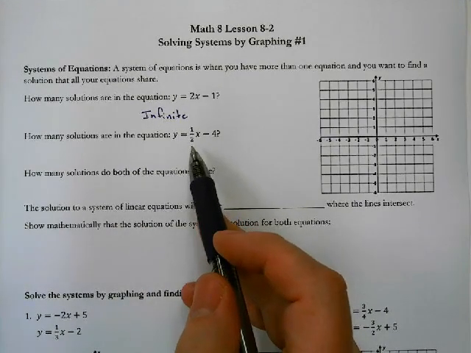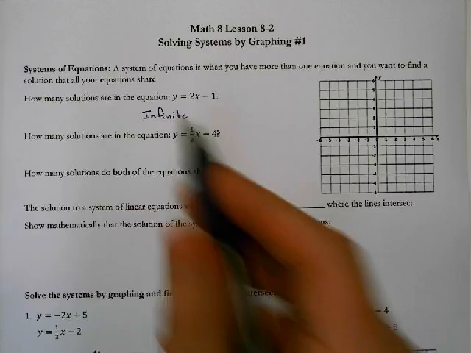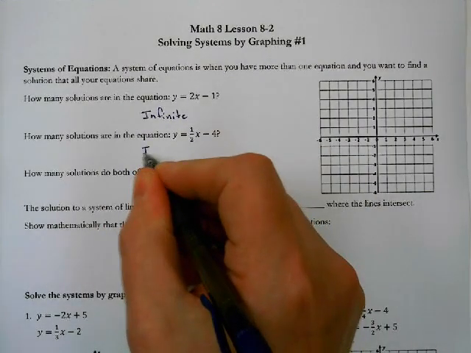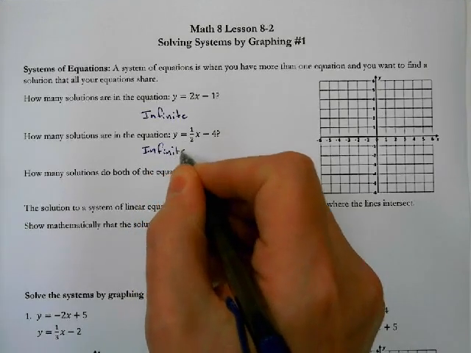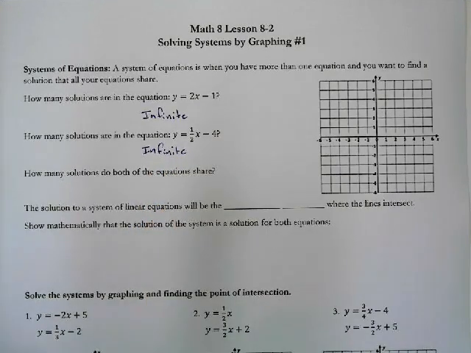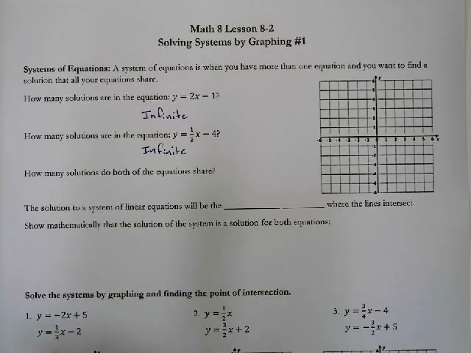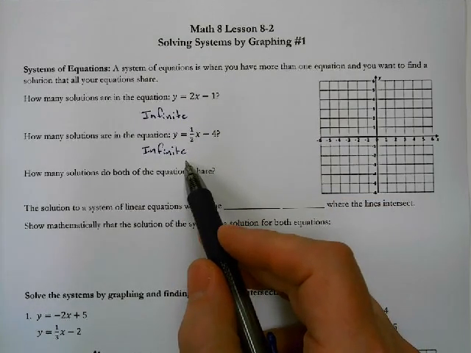I can keep on plugging in numbers for x and getting new numbers for y. I could do it until the rest of my days. So this one also has an infinite number of solutions to it. An infinite number of ordered pairs, x's and y's, that work in these equations. That's what a solution is. So both of them have an infinite number of solutions.